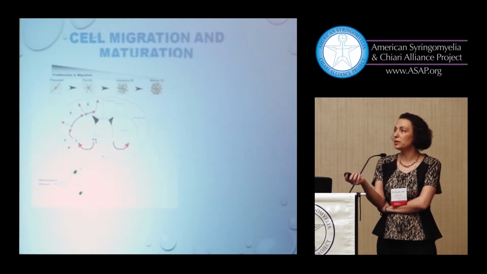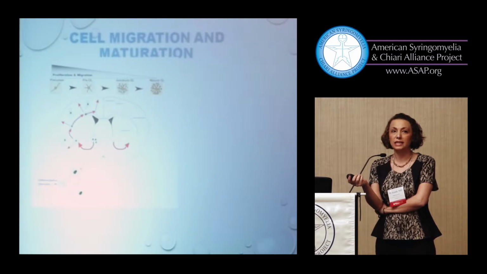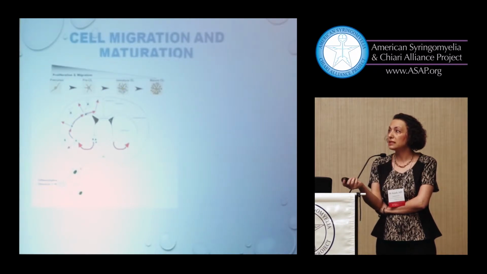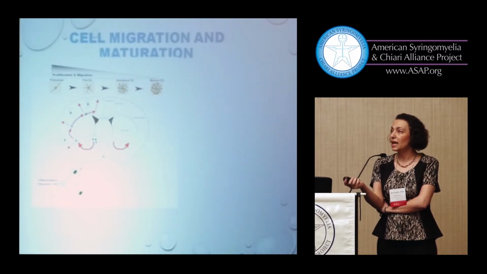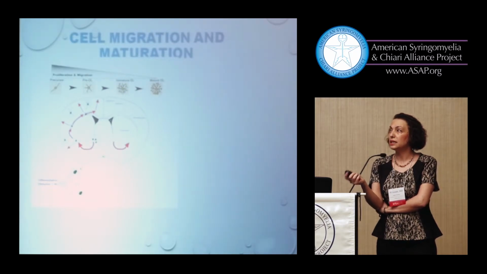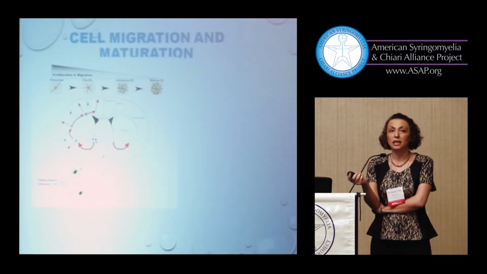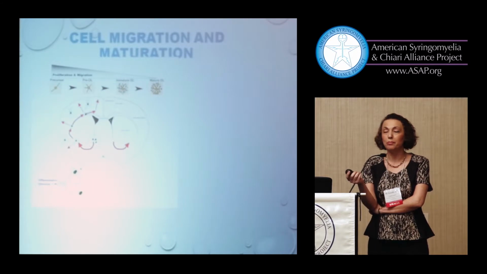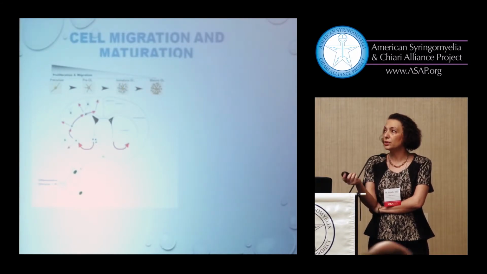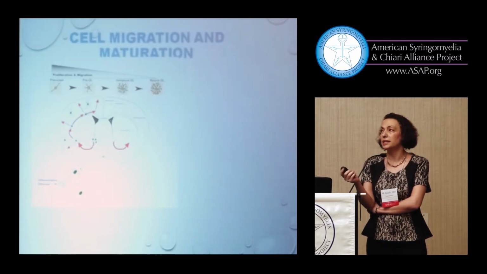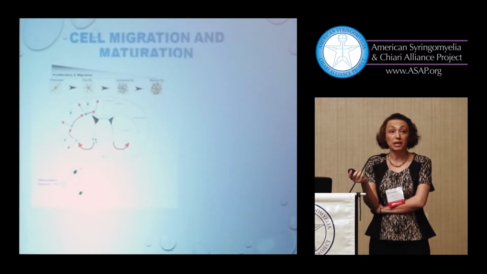These stem cells multiply and create 3 different cell lines that produce the neurons, the myelin-producing cells, and ultimately the supporting cells or glial cells.